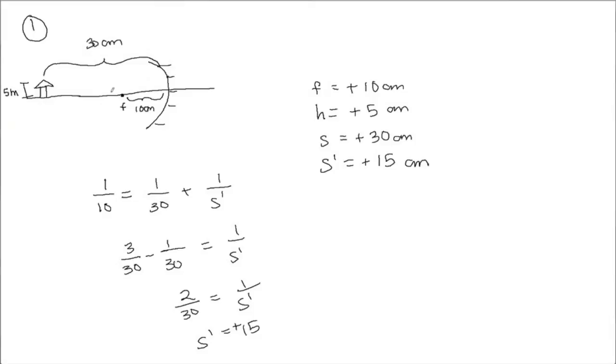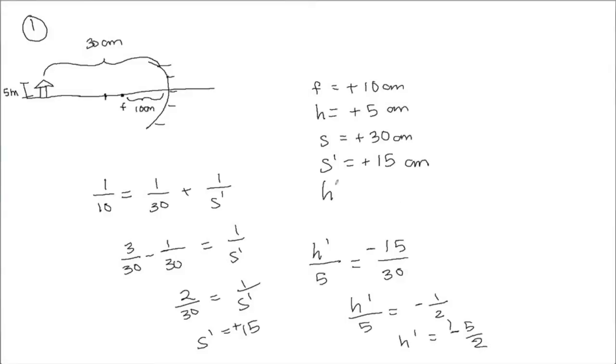So that means that S is somewhere like here. And then we can determine the height. So H prime is -2.5.